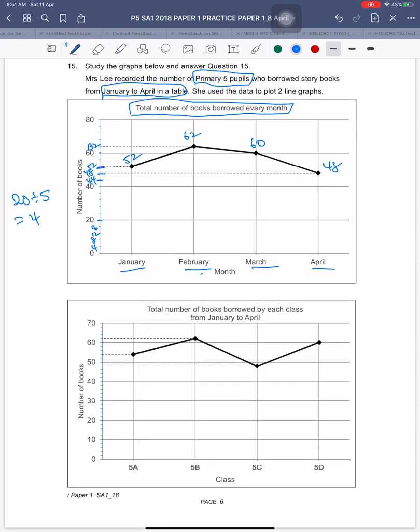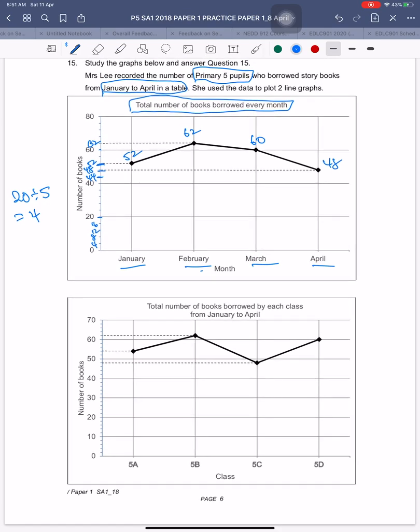Okay, the second graph tells you different things. The second graph tells you the total number of books borrowed by each class from January to April. That means the 4 months. How many books did each class actually borrow? So using the same method, 5A 54, 5B 64.